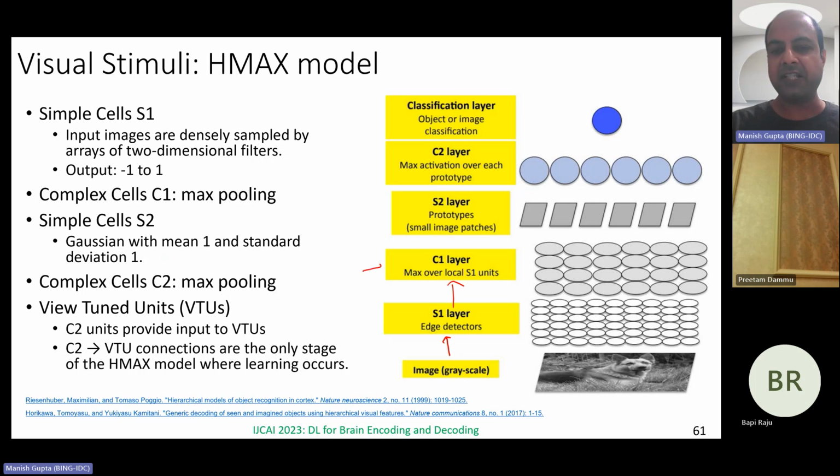Essentially, they also had max pooling, but the simple cells would not be the convolution operation as we know it right now. They would be edge detectors or some other operations, like Gaussian smoothing being applied and so on. So that was the HMAX model.